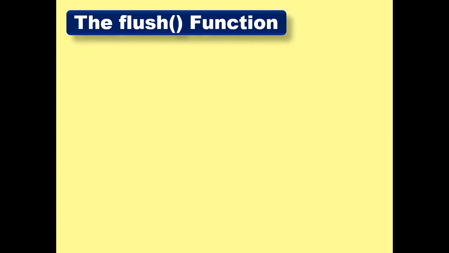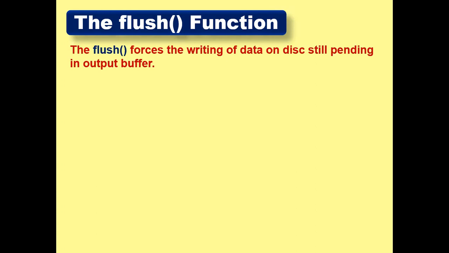I'm beginning with the theoretical portion here. The flush forces the writing of data on disk still pending in the output buffer. So when we write data with the help of a write function, the data is stored in a buffer, waiting for a close function.